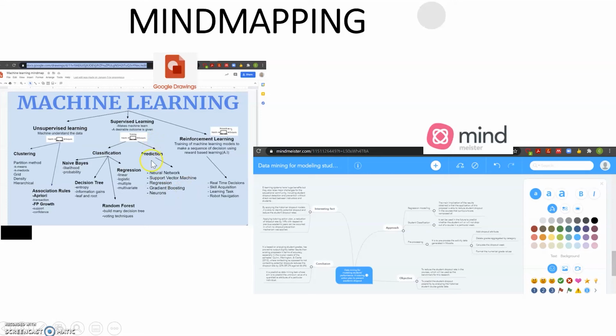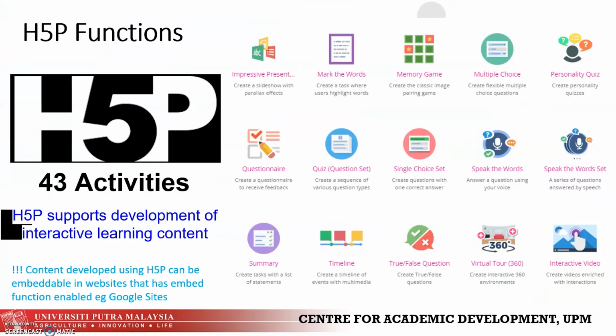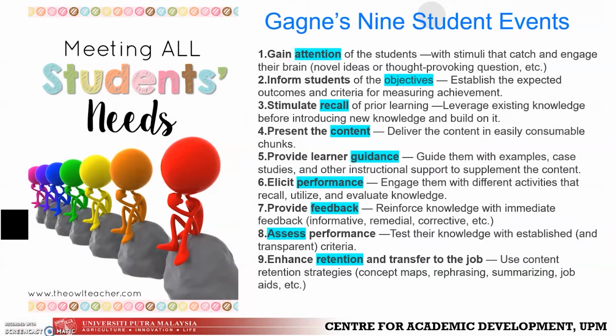Here the students can sketch and can also use the functions to create infographics like this. H5P is a rich content application which supports development of interactive learning. There are many choices for you to create and to share with your students.